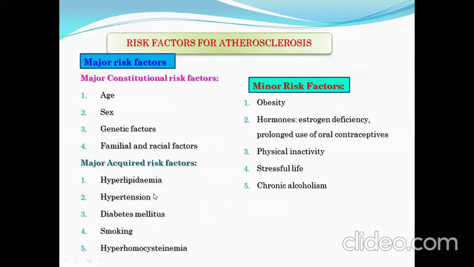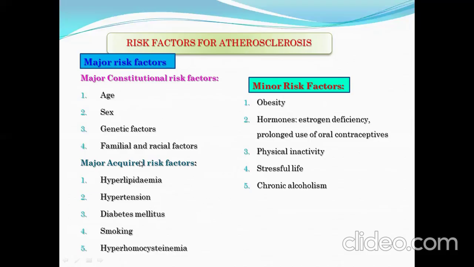So coming to the risk factors, who are the major risk factors? So these are the major risks: age, sex, genetic factor, familial and racial factors, and those having hyperlipidemia, hypertension, uncontrolled diabetes mellitus, those who are smokers, hyperhomocysteinemia. So these are the major risk factors.